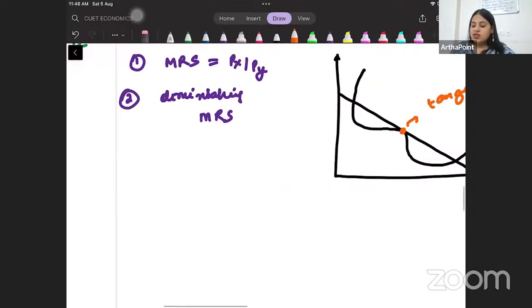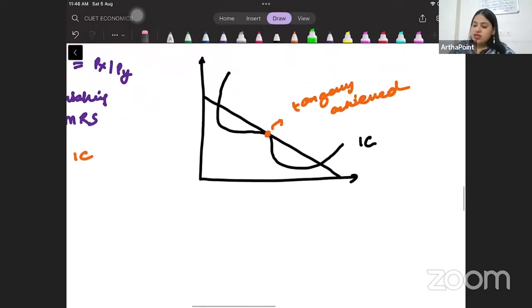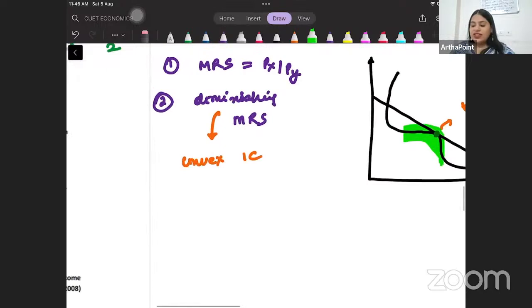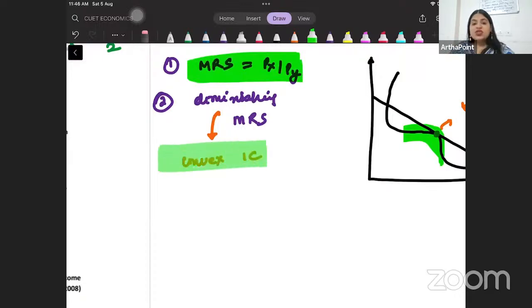How do I know MRS is not diminishing? Because diminishing MRS means convex IC. And here, I don't see that my indifference curve is convex, it's a concave part, right? So this is not equilibrium. So I not only want the tangency condition to be satisfied, but I also want convex ICs to the origin, or diminishing MRS in simple terms.